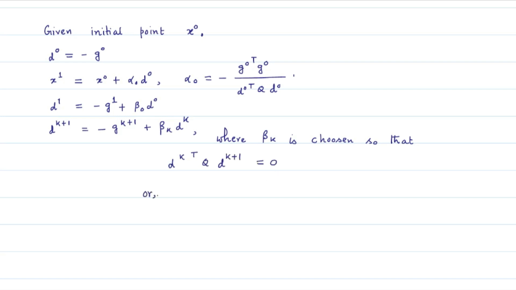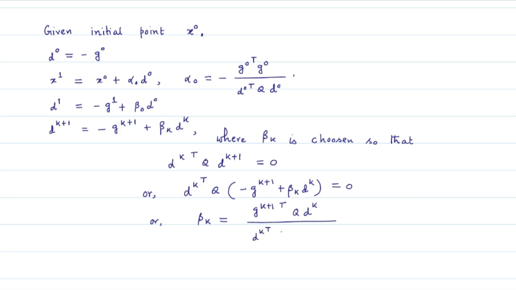From this equation, we see that we have dk transpose Q times the expression of dk plus 1, which is minus gk plus 1 plus beta k dk, equal to 0, and hence the scalar beta k is given by gk plus 1 transpose Q dk divided by dk transpose Q dk.